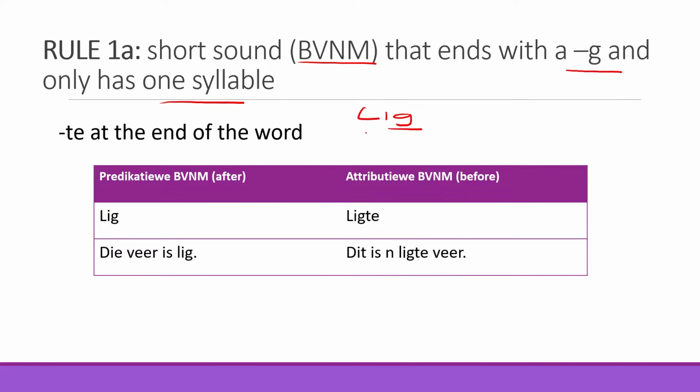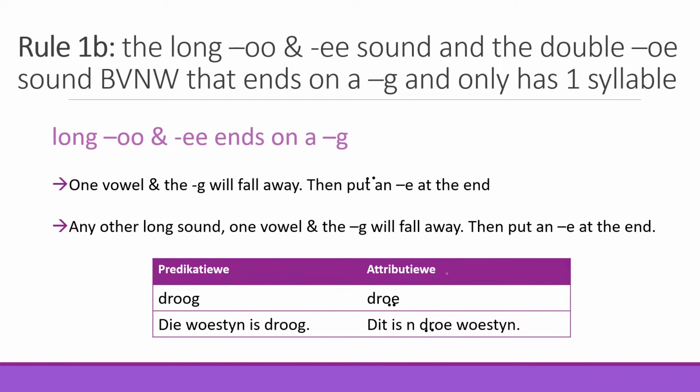When we want to use it before the selfstandige naamwoord, we are going to add a t at the end of the word. So for example, die veer is lig, maar dit is 'n ligte veer. Alright, rule 1A.